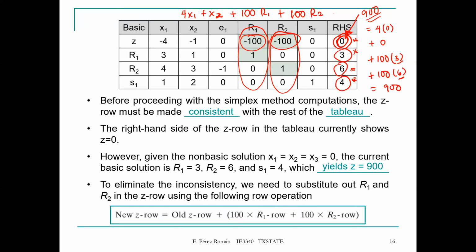So you can multiply this row by 100 and then add it to row 0. And then you can multiply this row by 100 and add it to row 0.